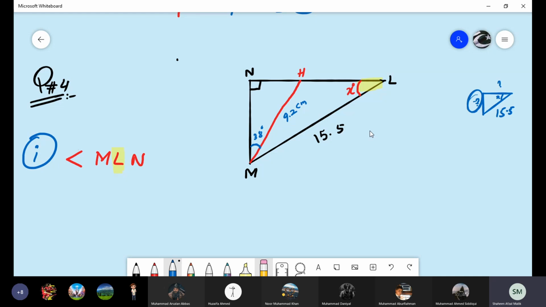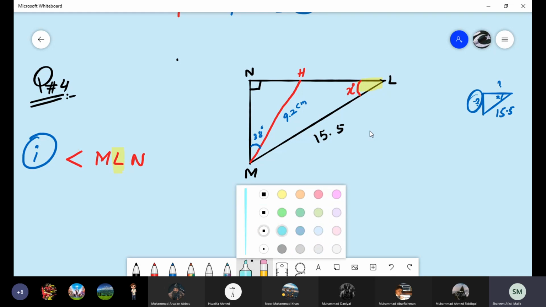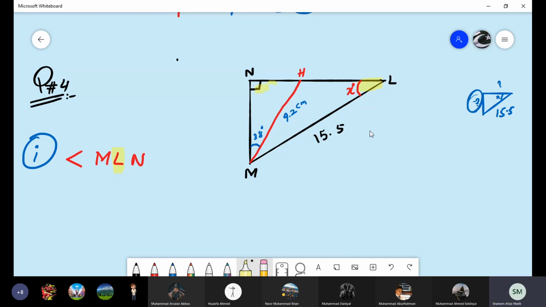So for that, just focus on this small triangle. Small triangle means this part only. Don't look at the overall triangle, just focus on this colored part triangle. Can you see from this triangle, can we find out this side?